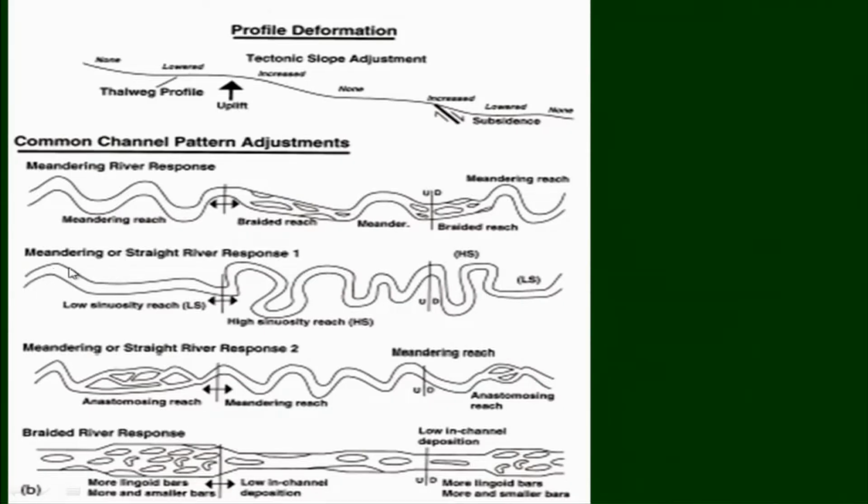Similarly, if you are having a straight channel, then the sinuosity increases, and then the sinuosity decreases as you move downstream. So this is the up area and this is the down area. If you remember what we were looking at in the Himalayas, where we have the thrust fault, this portion of the wall is up and this is down here, so that also will result in a change in the channel pattern.